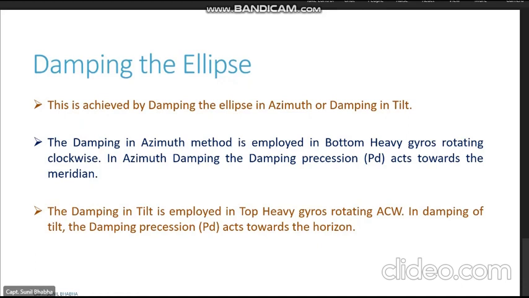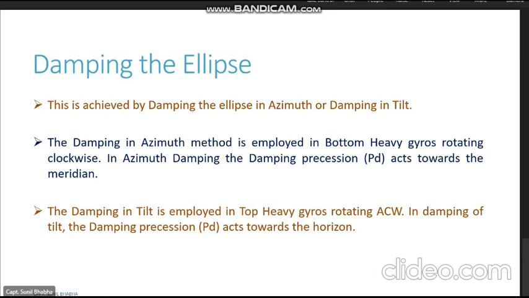And whenever the spin axis goes below the horizon, it tries to push the spin axis upwards towards the horizon. So basically, the damping in tilt method uses a damping precession which opposes the tilt in all the cases. If you have an upward tilt, it acts downwards, opposite to the tilt. And if you have a downward tilt, it acts upward, opposite to the tilt.